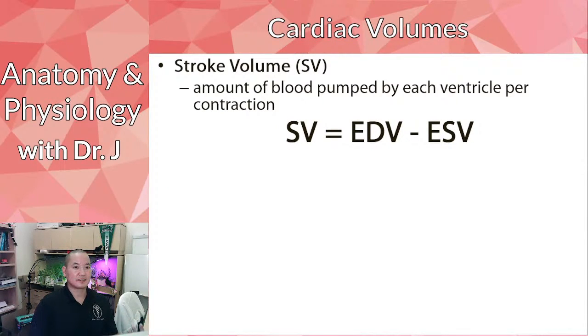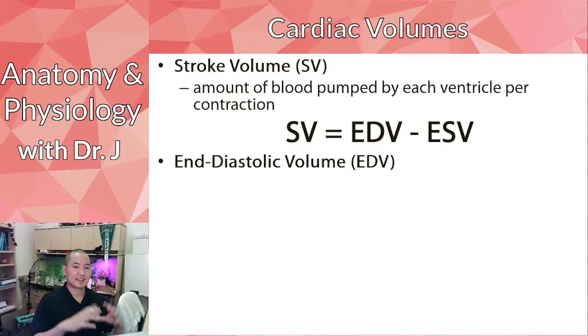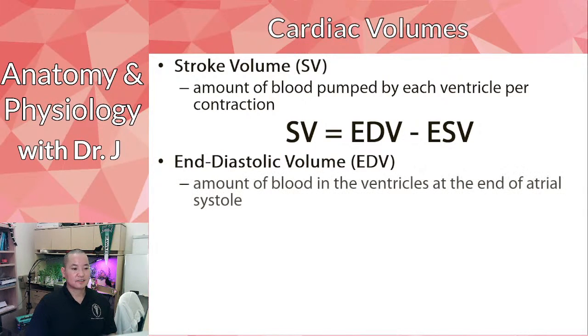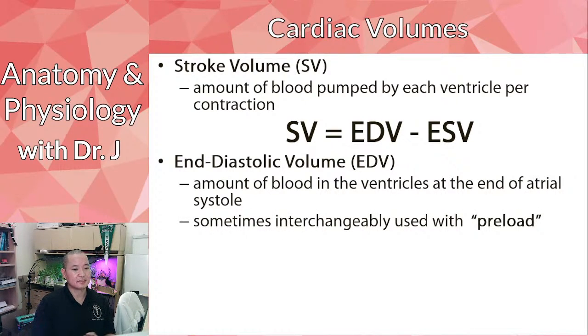It's just the difference between two numbers. The end diastolic volume, so remember that diastolic is relaxation, right? So end meaning the end of that phase where the heart is relaxing and expanding. So this is going to be the maximum amount of blood in the ventricles after atrial systole. And sometimes it's also used interchangeably with the term preload.